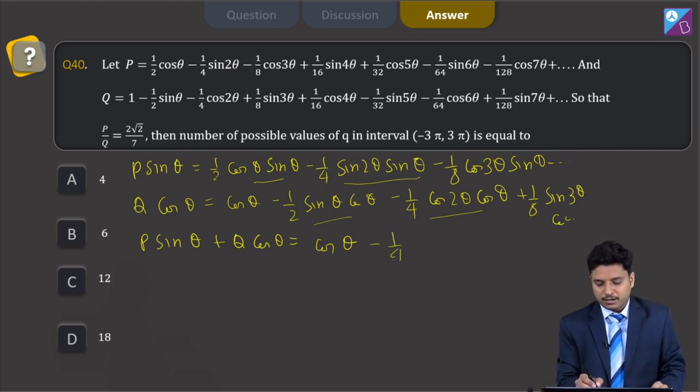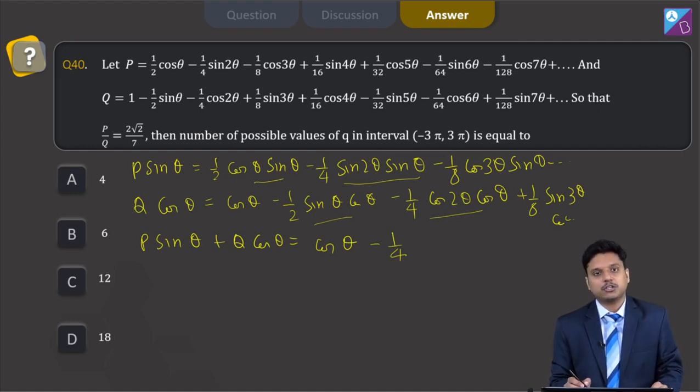If you club these two quantities, this will be sin 2 theta sin theta plus cos 2 theta cos theta, cos A cos B plus sin A sin B, which is the formula for cos of A minus B. So this will be equal to cos theta, and the next section will be plus 1 by 8 cos 3 theta sin theta, and here it is sin 3 theta cos theta. So it will be equal to cos 3 theta sin theta, and here it is with a minus, so sin 2 theta is written.